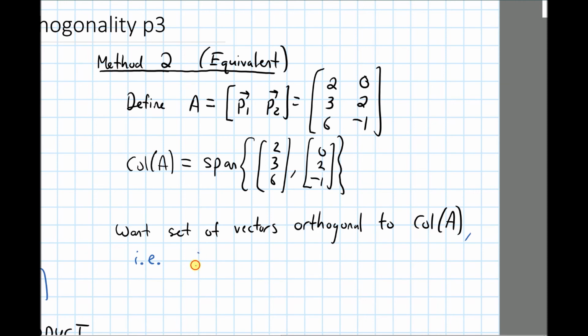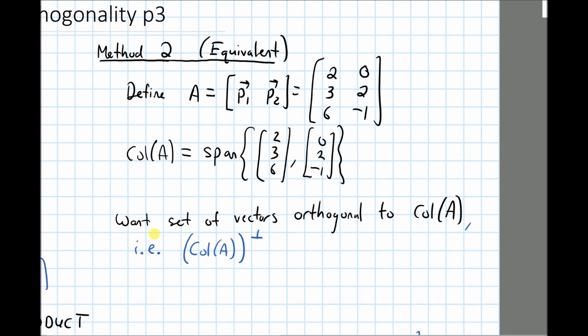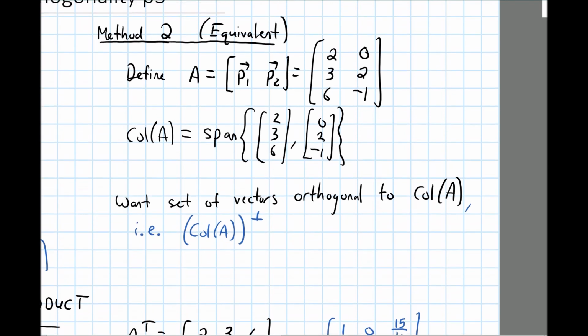The notation for that is we write the subspace, in this case the column space, and we put this perpendicular symbol up here. That refers to the orthogonal complement, the set of vectors that is orthogonal to our subspace, in this case to the column space of A. In the last video, we stated a theorem about what the orthogonal complement of the column space of A is.